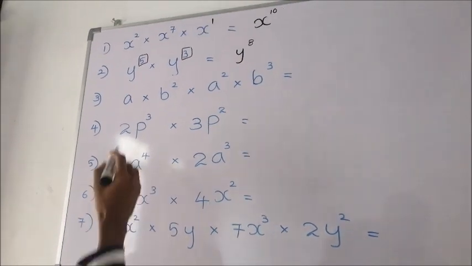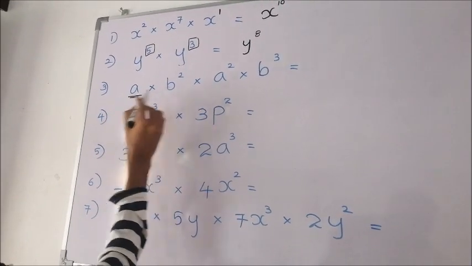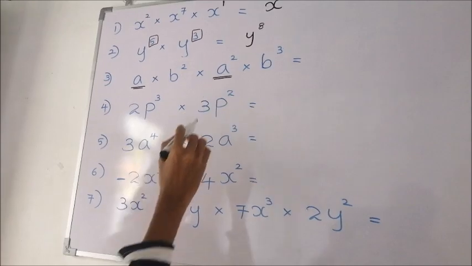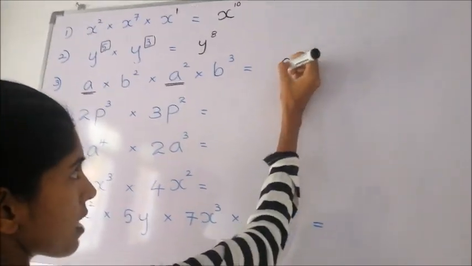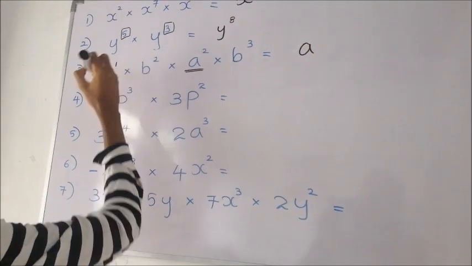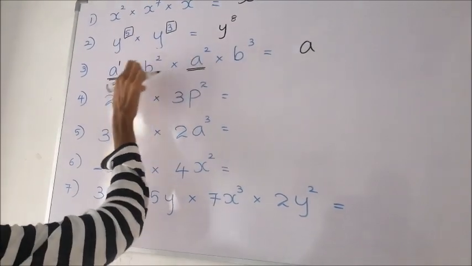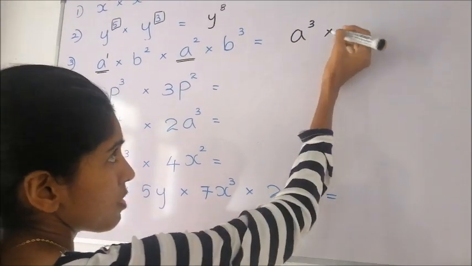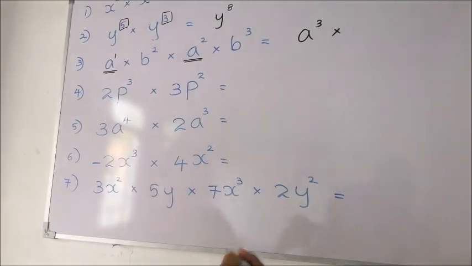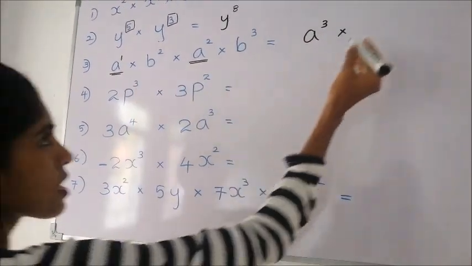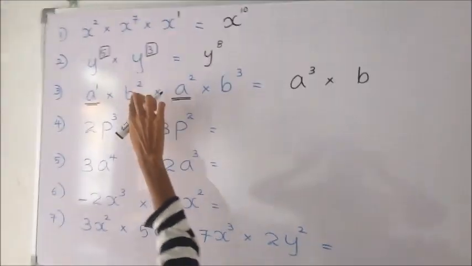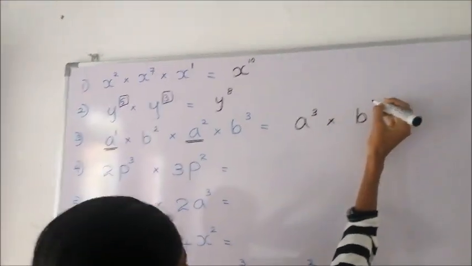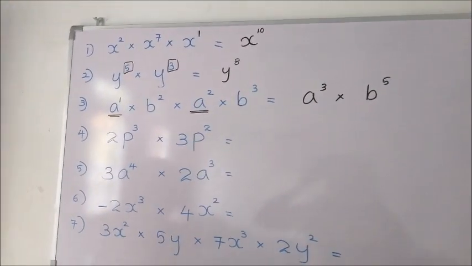We will simplify these two separately. Base is A. Here there is 1 as the power. So when we add these two powers, 3 is coming. All are connected with a multiplication mark, so we will write it. Then base B. What are the indices? 3 and 2. When we add, 5 is coming.